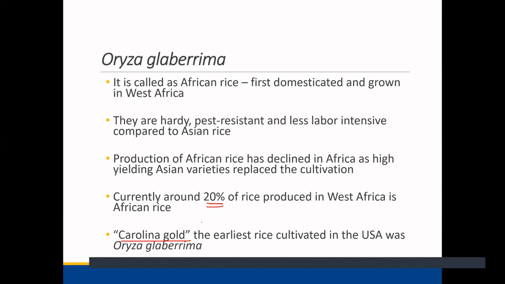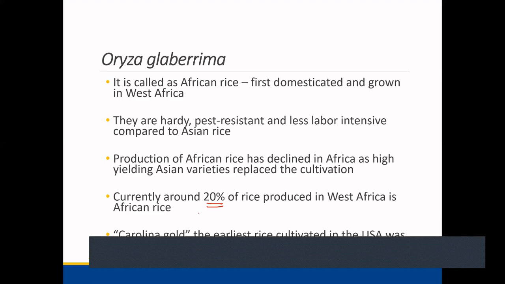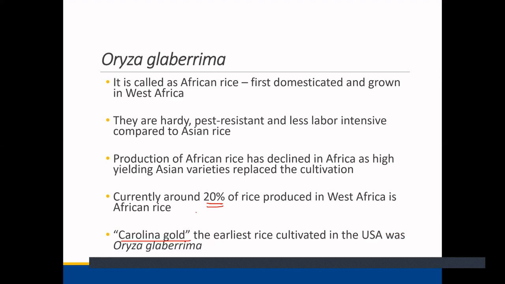So rice is cultivated in the United States, even though you may think it's always winter. It's not the case. If you go to the south of the United States, they have a tropical climate. If you go to Florida, Texas, or California, that's a totally different climate.